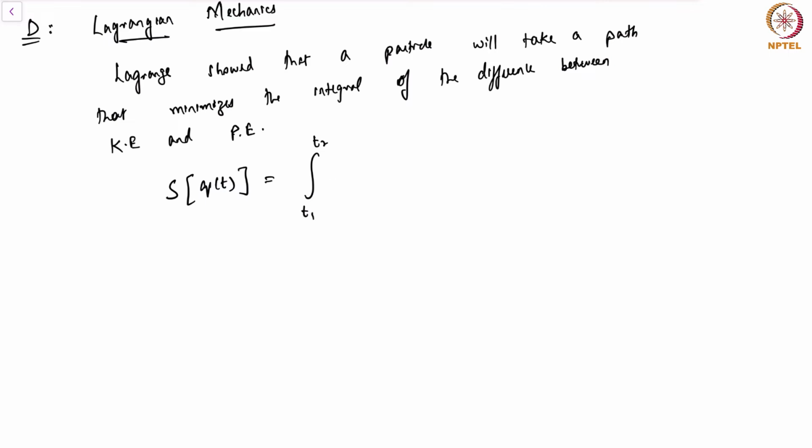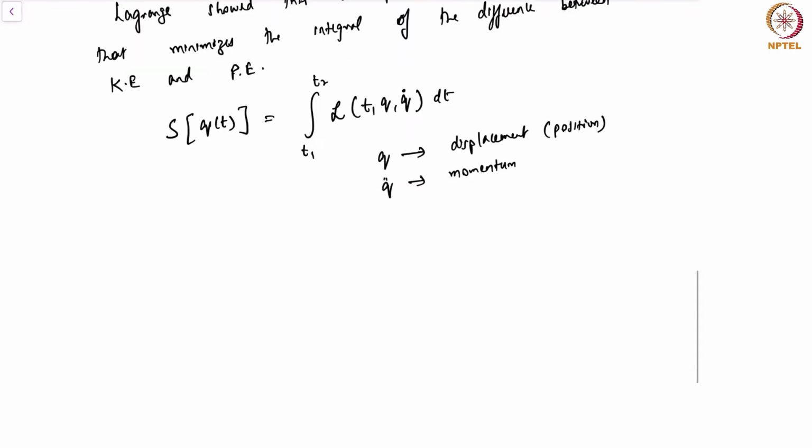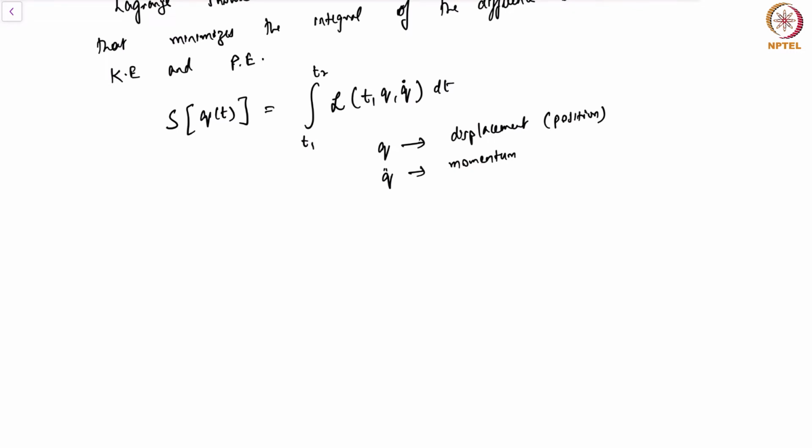This quantity, let's say, is called L, a function of t, q, and q dot, dt, where q is the displacement or position of the particle, and q dot is the velocity of the particle. So L is the Lagrangian.